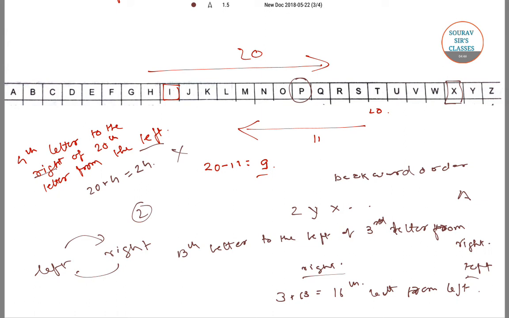Whatever the answer is, it will also be the answer of the backward order question.